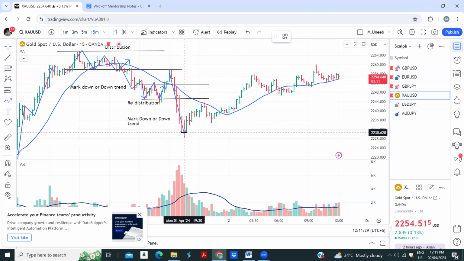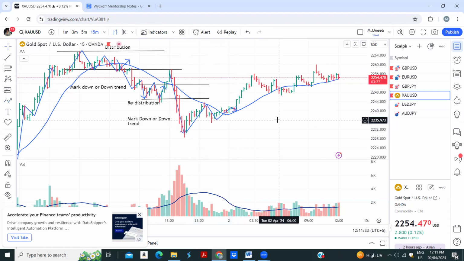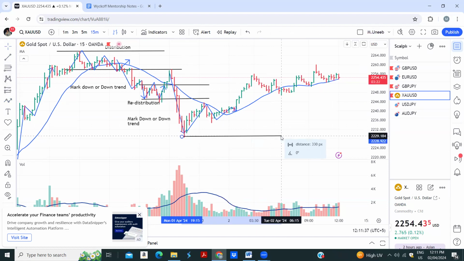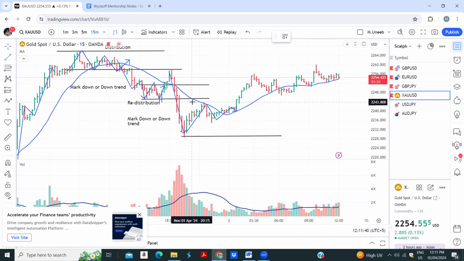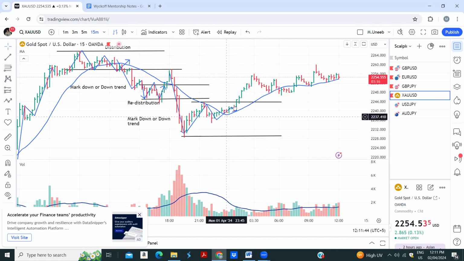Now here again, as we can see, the smart money is reaccumulating the shares at a lower price. The price is moving in a sideways market.